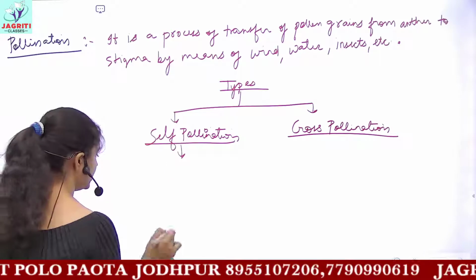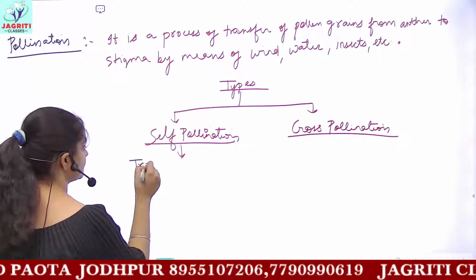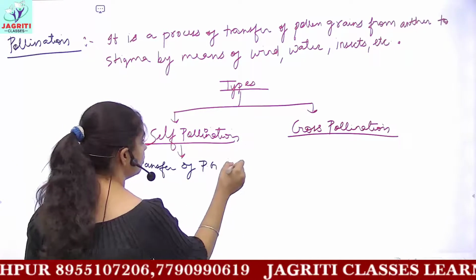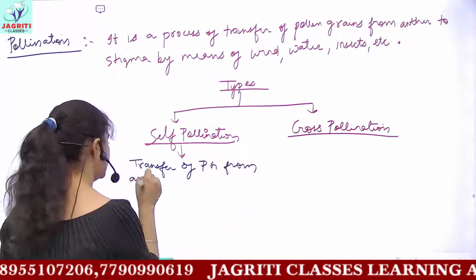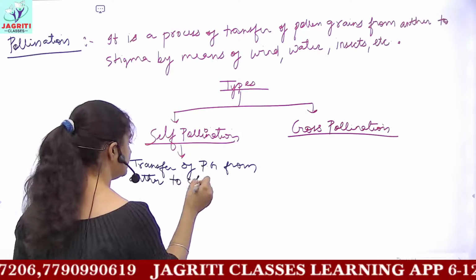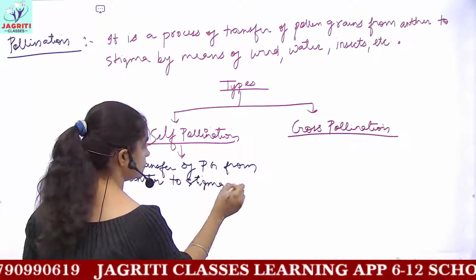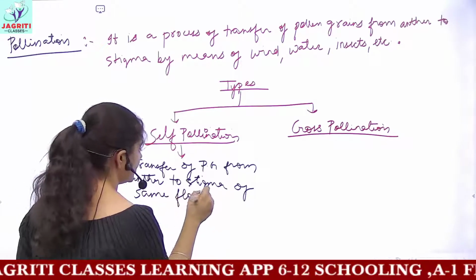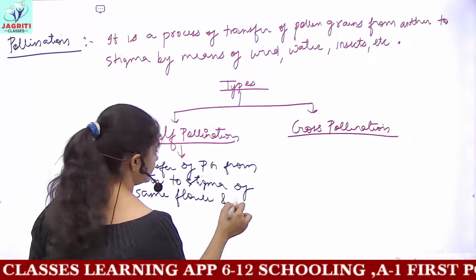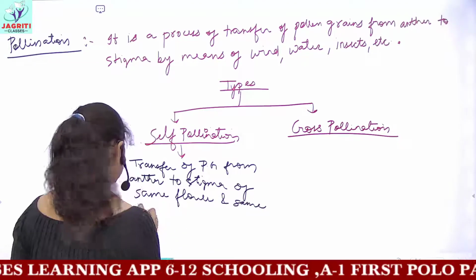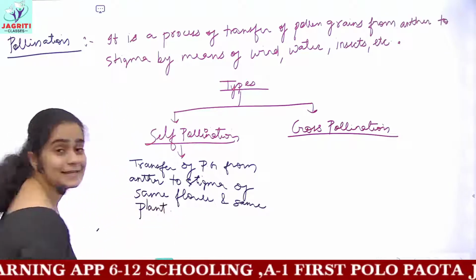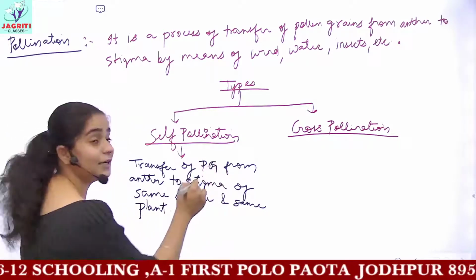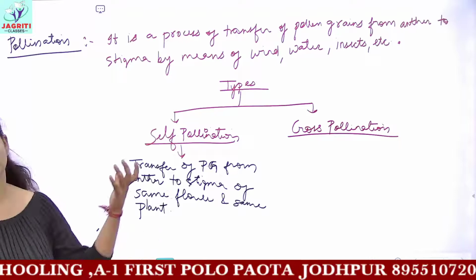So self-pollination means transfer of pollen grains from anther to stigma of the same flower and same plant. So this is known as the process of self-pollination, when the transfer of pollen grains occurs from the same flower of the same plant.